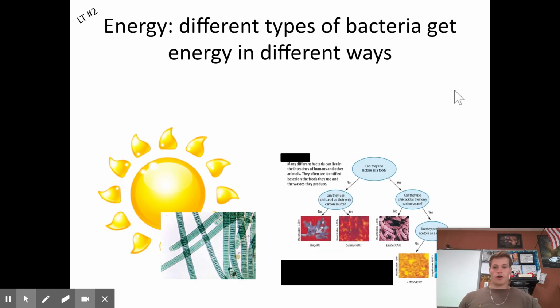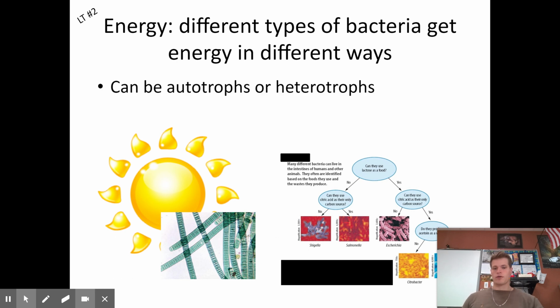So, bacteria also need energy, another characteristic of life. Different types of bacteria can get energy in different ways here. Bacteria can be either autotrophs, if you remember, those are organisms that can make their own food, or they can be heterotrophs, which means they need to consume other organisms in order to get their energy. We've talked about photosynthesis a lot.